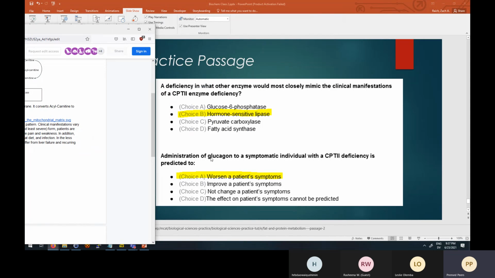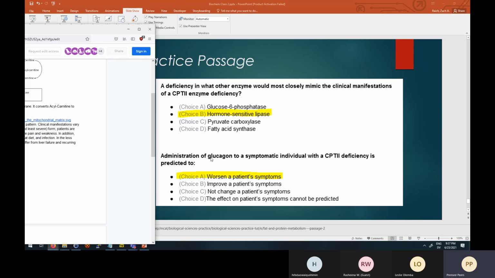But if you want to do this from more of a content perspective, it's because of the effect glucagon has on fat metabolism. Glucagon is released when we're starving. Remember, if we're starving, we're trying to conserve our glucose.